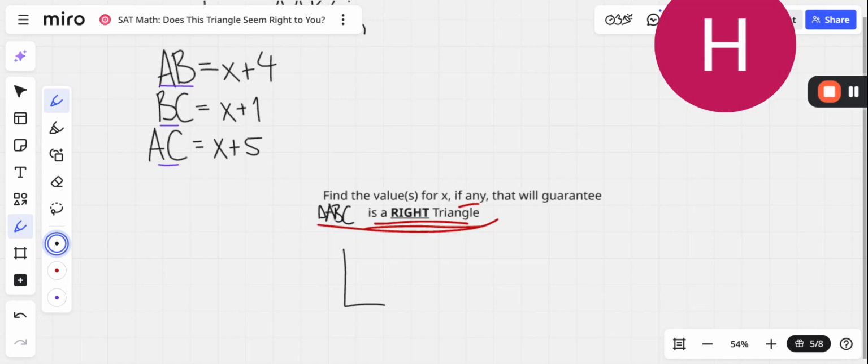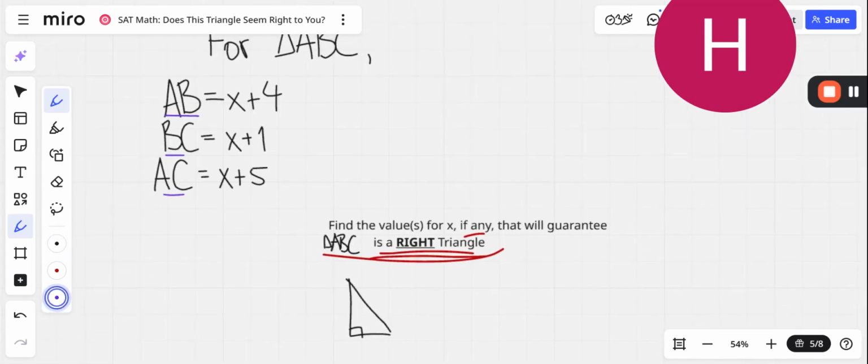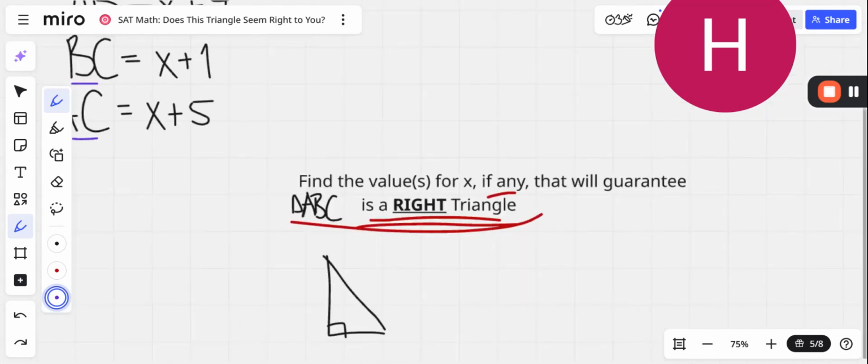That's called the hypotenuse. Based on the expressions given here, it's pretty clear that x plus 5 has to be the longest side, because x plus 5 will be greater than x plus 4, and it'll also be greater than x plus 1.